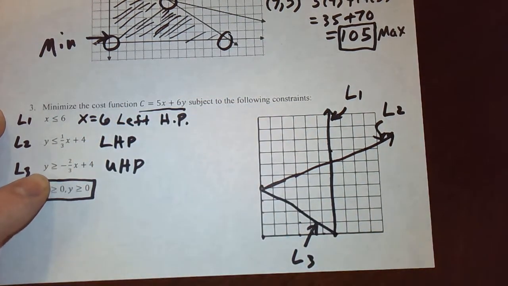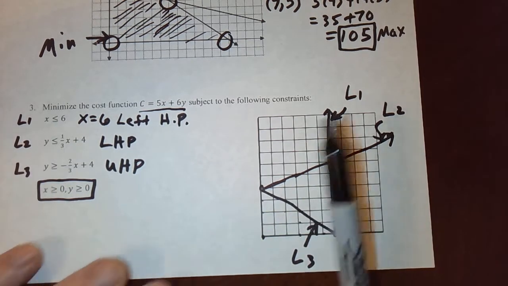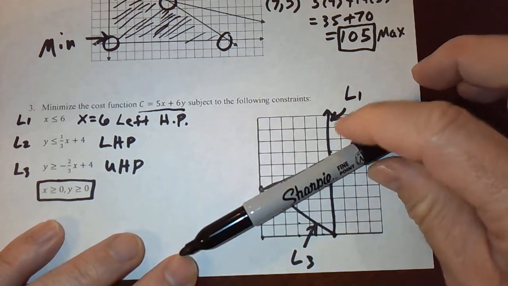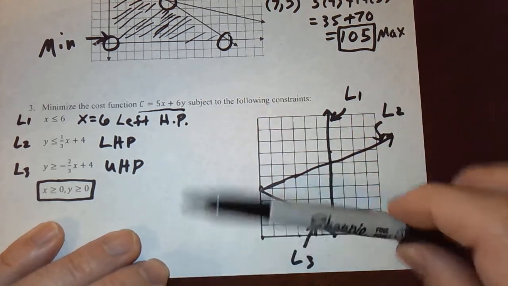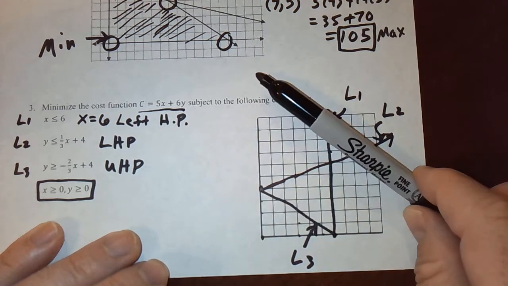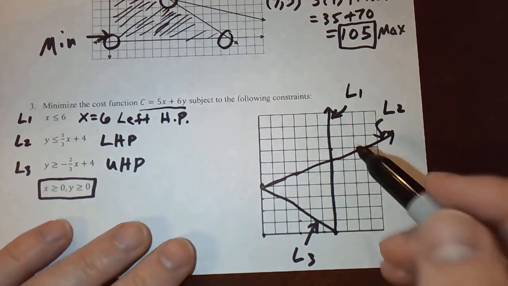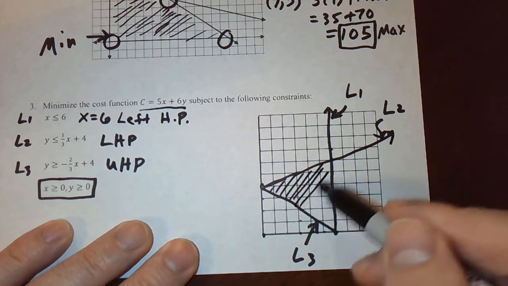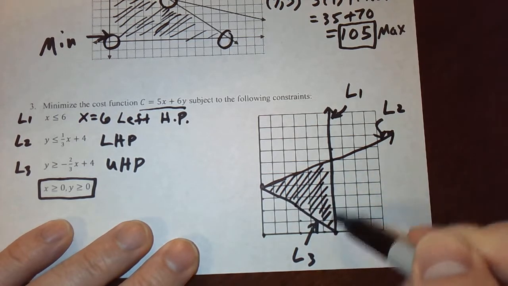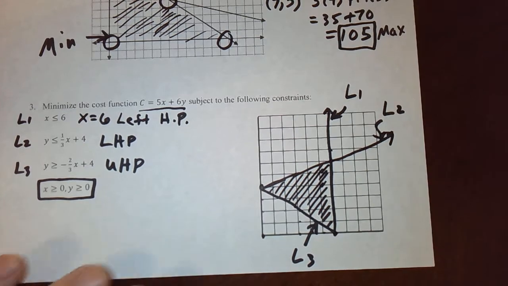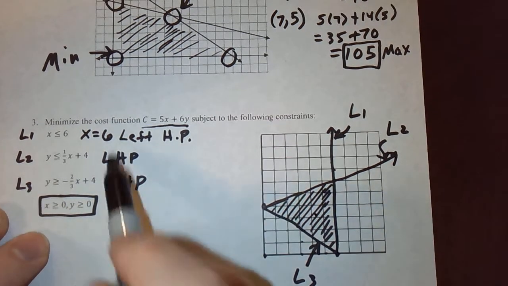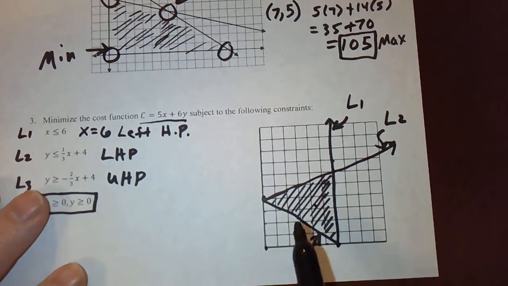And so what region? There's one region in this graph that's to the left of this line. It's below this line, and it's above this line. And yes, I'm sure you guessed it correctly, this triangle, just like that. So this is our feasibility set, or the solution to the set of inequalities.